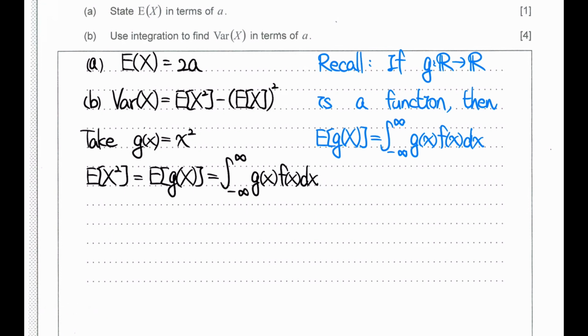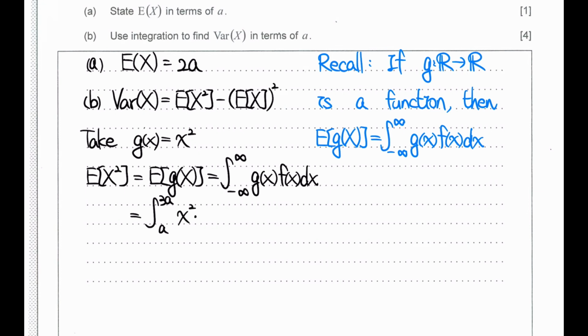Also, notice that f only takes non-zero value when x is greater than or equal to a, and less than or equal to 3a. So the range for this integral can be reduced to the integral from a to 3a. So it is equal to the integral from a to 3a, and g of x here is x squared.